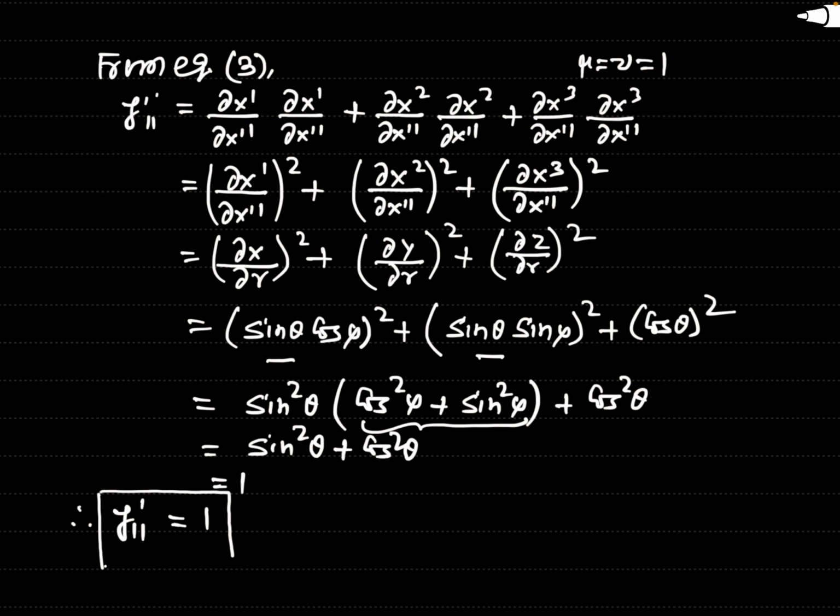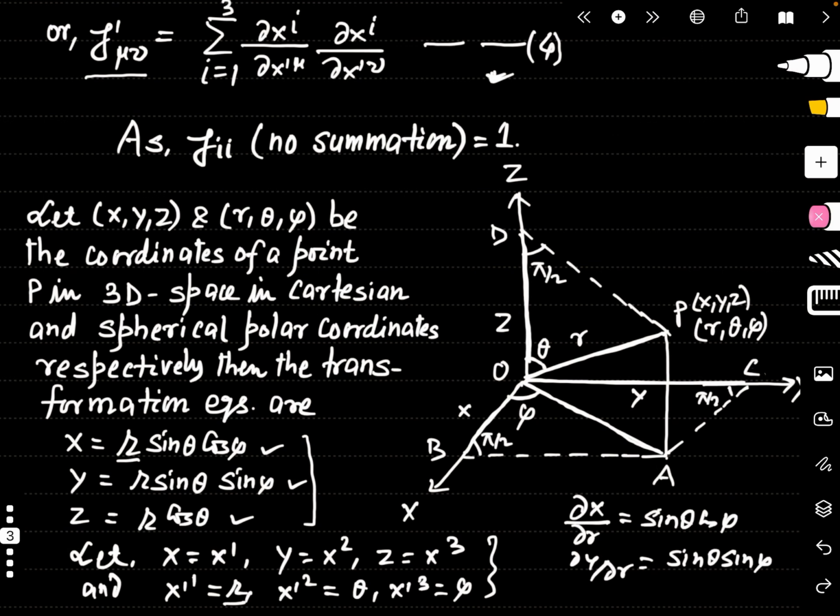G11 prime is equal to 1. And you can also see in a similar manner that this G11, which you have already seen earlier, is also equal to 1. Now our aim is to find G prime 2 2. Again see this previous equation.